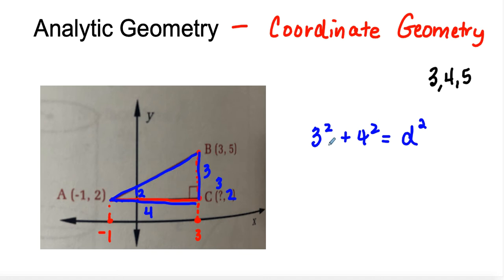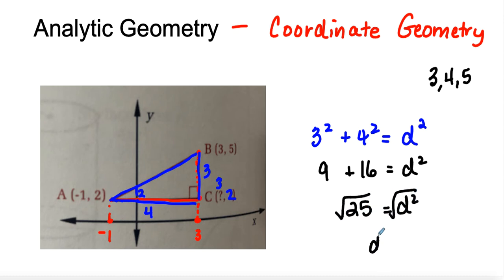If you didn't recognize the triple, you can square 3, which is 9, square 4, which is 16, add 9 and 16 to get 25, take the square root of both sides and get d equals plus or minus 5. Because we're talking about length, we only look at the positive answer.